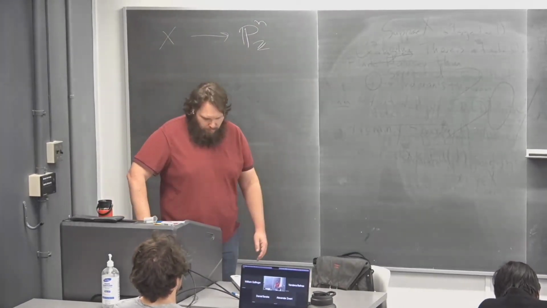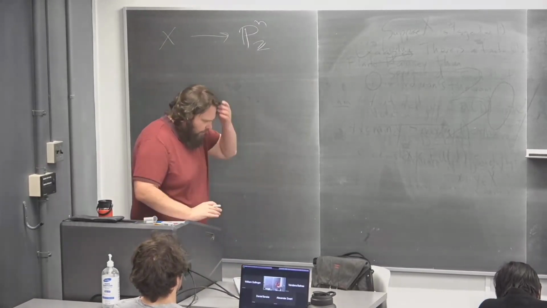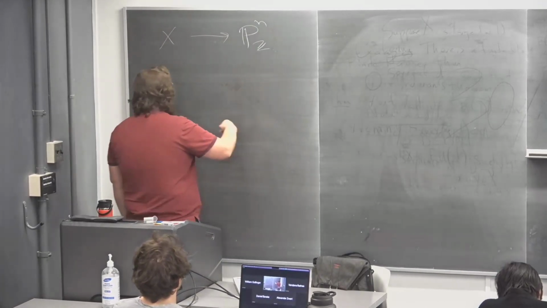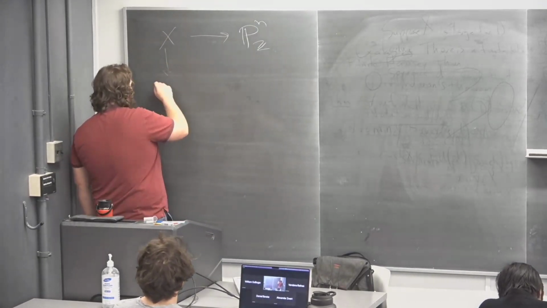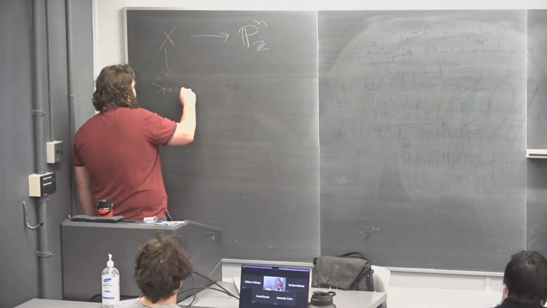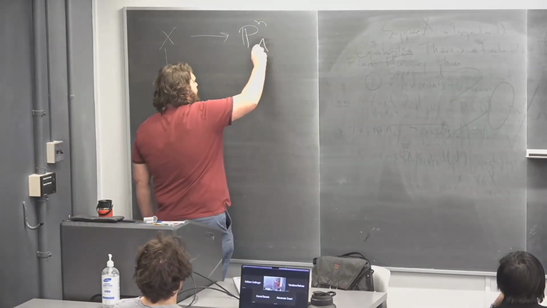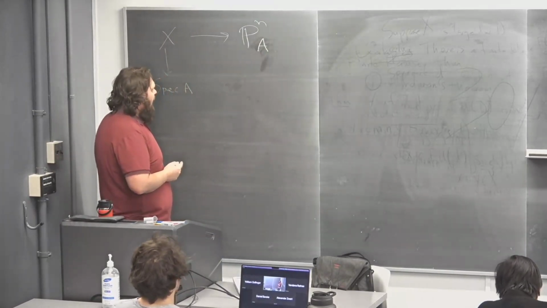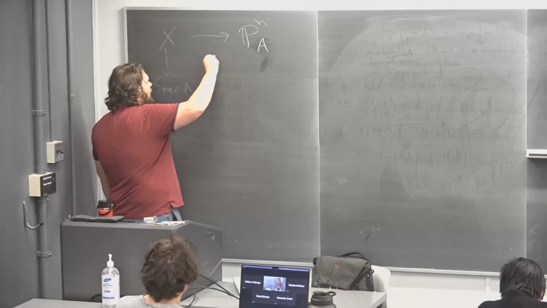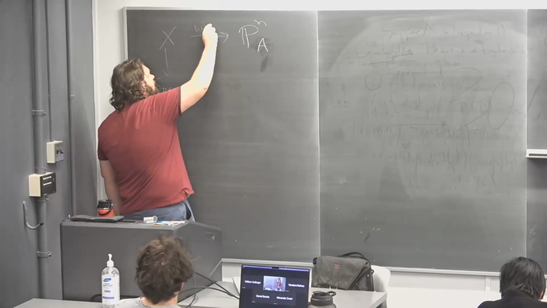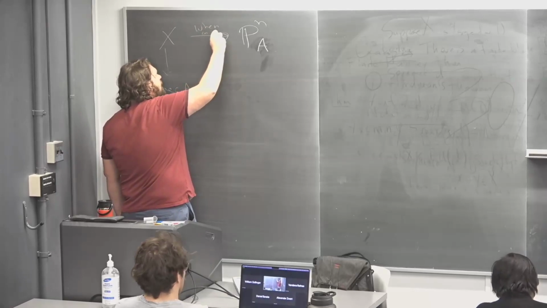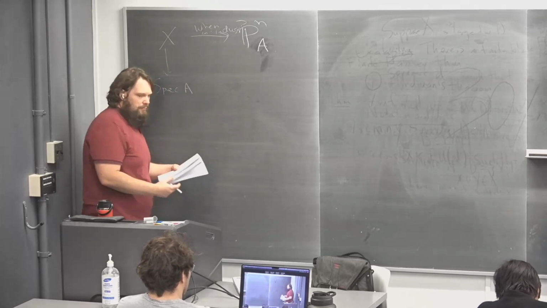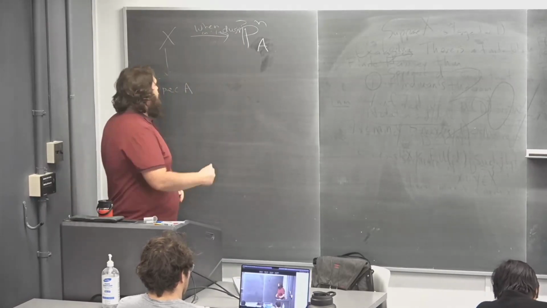And of course, one question that's come up naturally is, maybe if I change the base here, if X is a scheme over Spec A, then I get a map into projective space P^n over A. And I might ask, when is this an inclusion? And I should say closed.